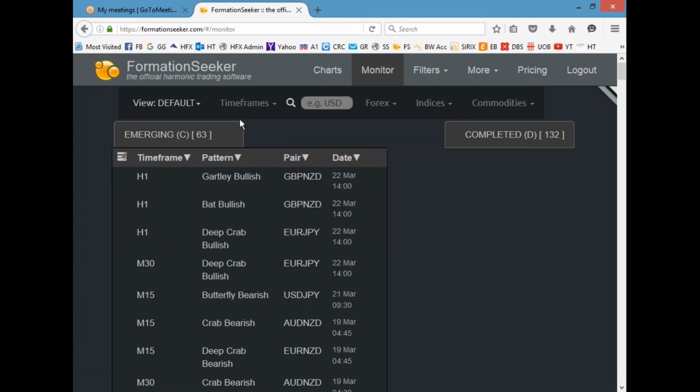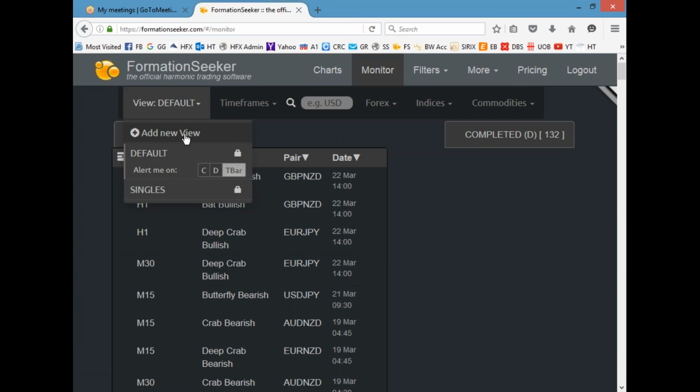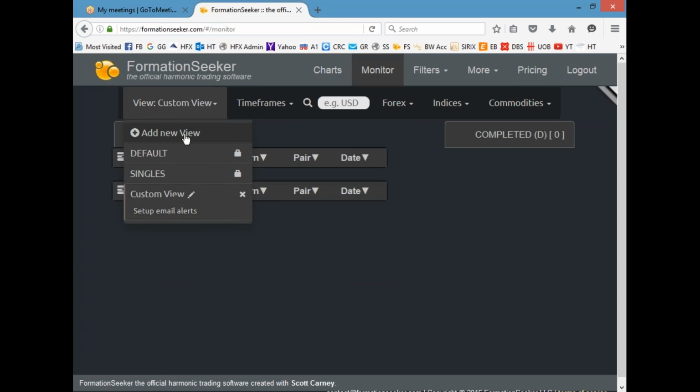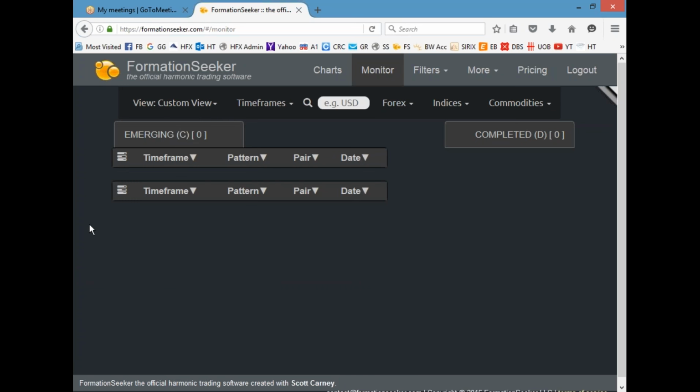So let me show you an example. If I want to create a new view, I'll just say add new view, and I'll call it formation seeker view.